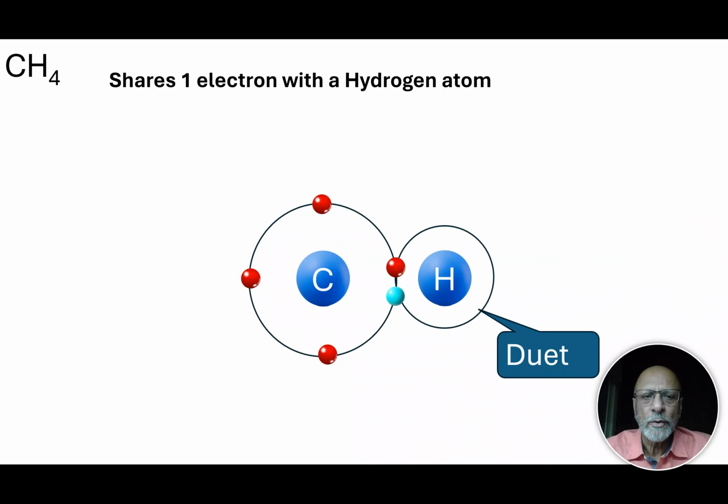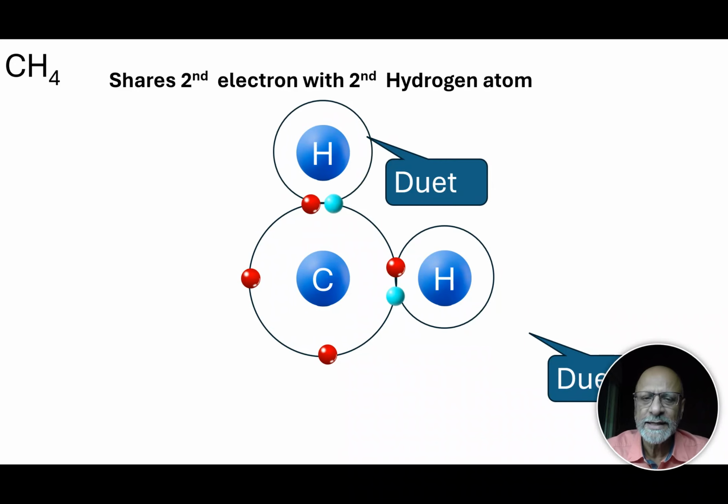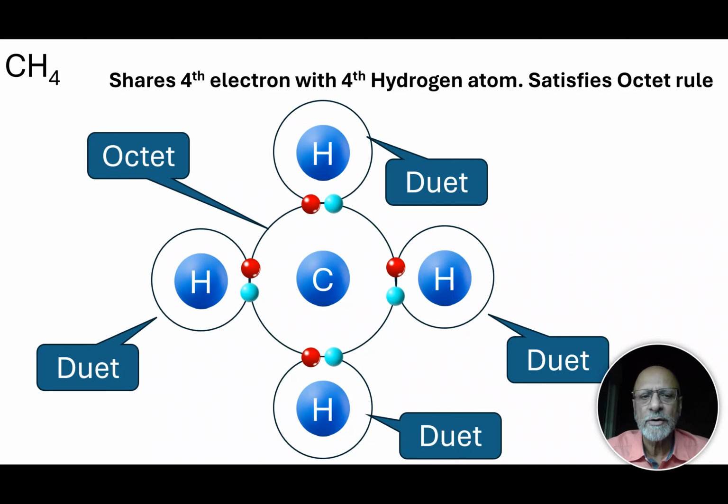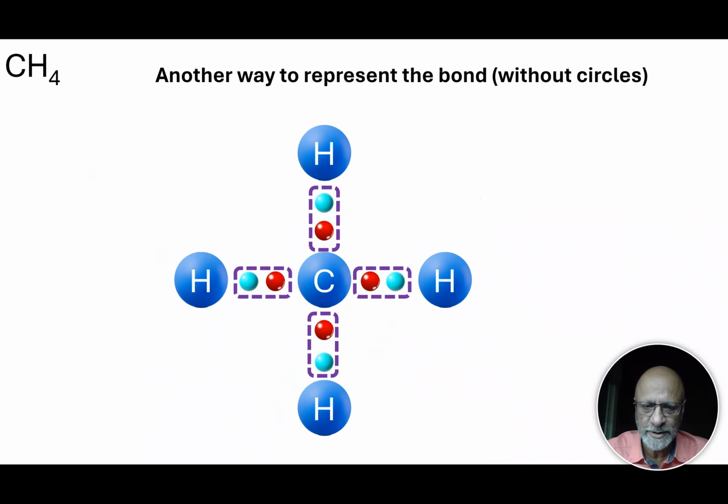Now it'll take 1 electron with a hydrogen atom. So the hydrogen atom has reached duet, but carbon is now at 5. Does it with a second hydrogen atom. Now it reaches 6. Third hydrogen atom reaches 7. And now it's satisfied the octet rule. So that's how CH4 is structured.